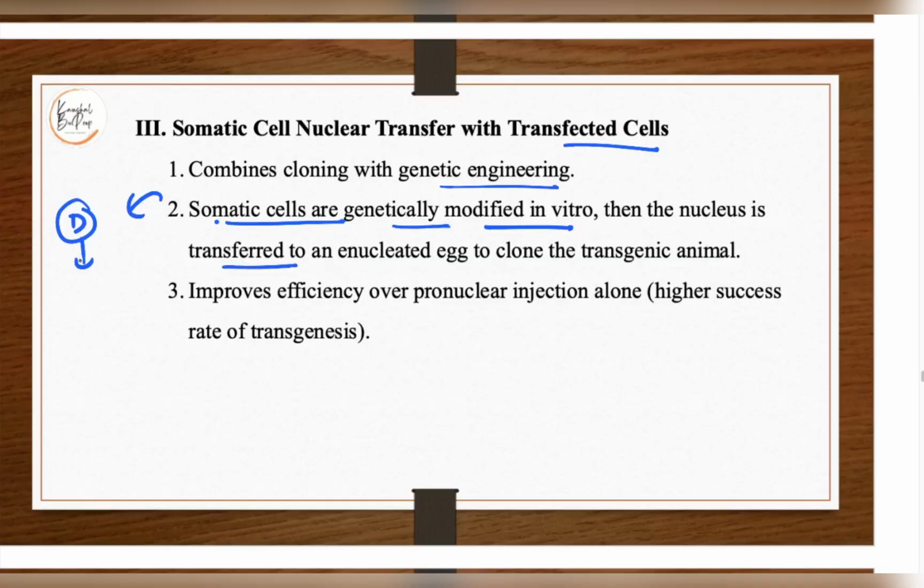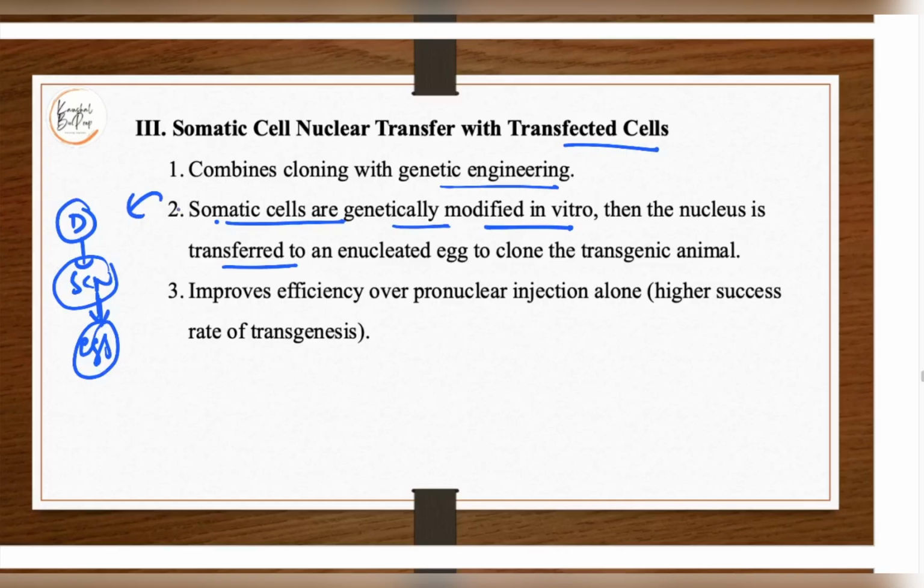So first, in cloning, what do you do? You just take the somatic cell nucleus and transfer it into the surrogate. But now you don't do that, right? Now what you do is take the nucleus but modify it. That means you are transfecting the nucleus with some desired gene, and then you transfer this nucleus into the enucleated egg, and then the clone will be born.